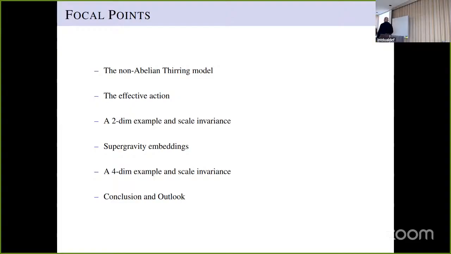Then we'll start with the simplest example, which is a two-dimensional example, with two fields, still a two-dimensional field theory, and we're going to raise the issue of scale invariance. Then we're going to consider supergravity embeddings of this model, then move on to higher-dimensional cases and to the recent work with George, and then we're going to conclude.